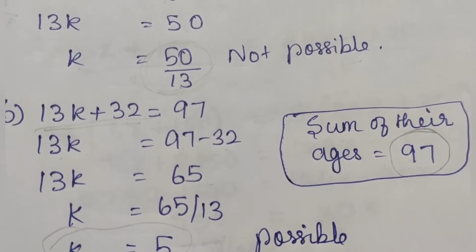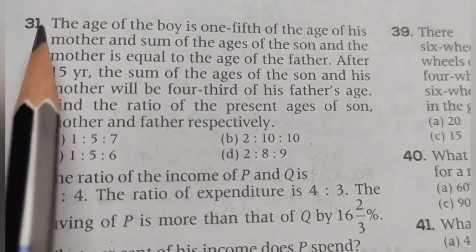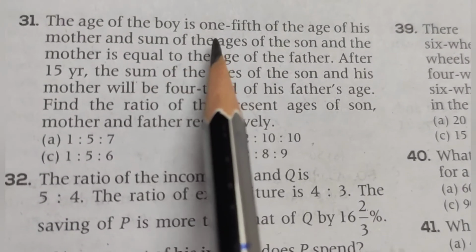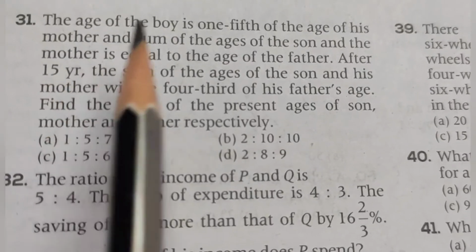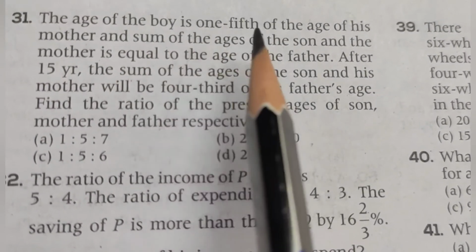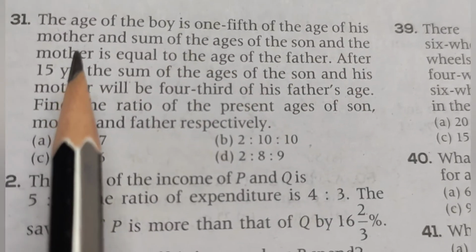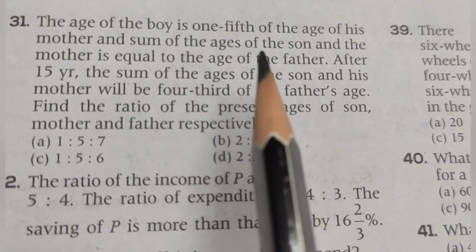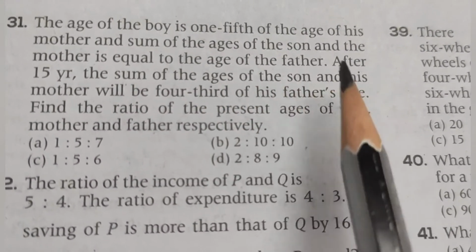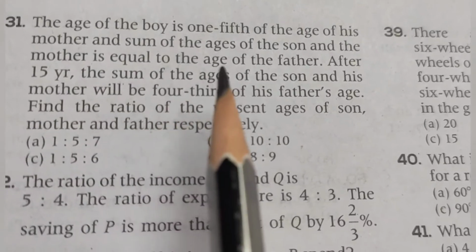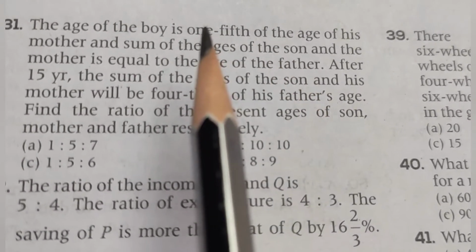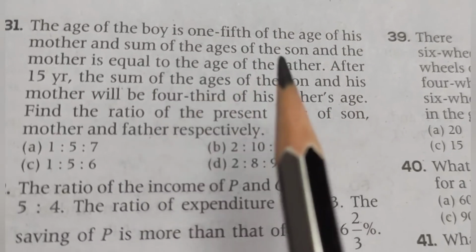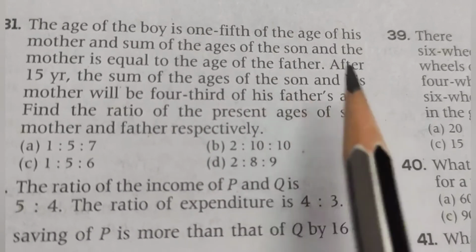Option B, 97. 31. The age of the boy is 1/5 of the age of his mother. And sum of the ages of the son and the mother is equal to the age of the father. Note down, son's age is 1/5 of mother and mother's age plus son's age is equal to age of father.